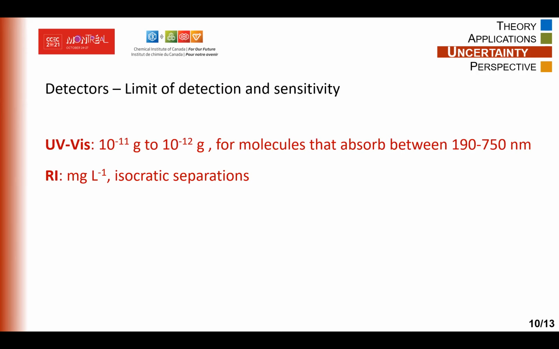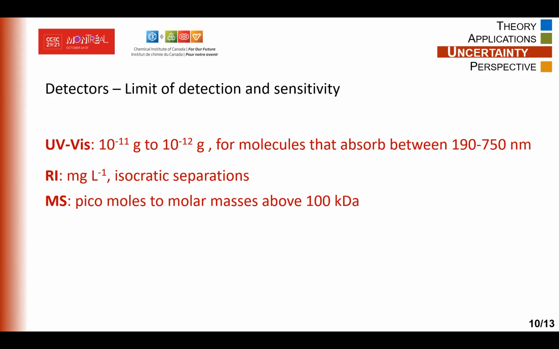Another common detector is refractive index. The sensitivity is in the range of micrograms per liter, but it is only used for isocratic separation and for compounds that are not visible under UV-Vis. Another common detector uses mass spectrometry.